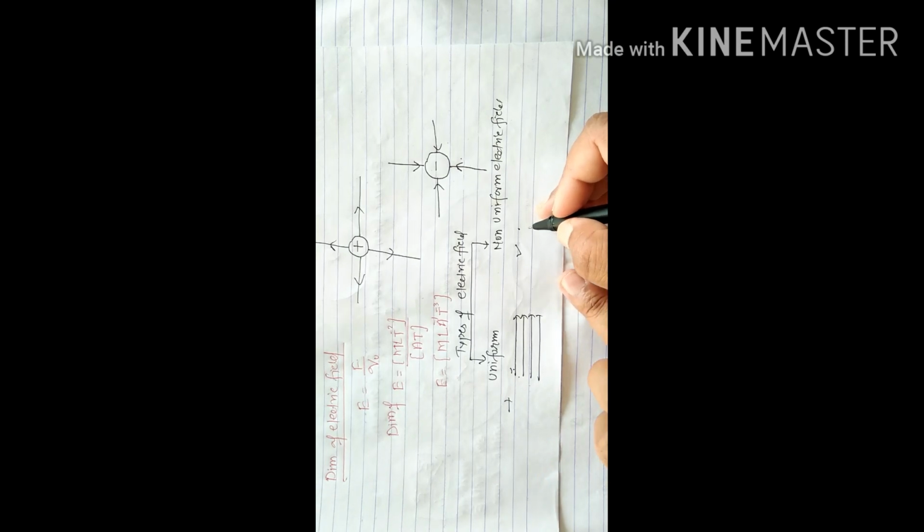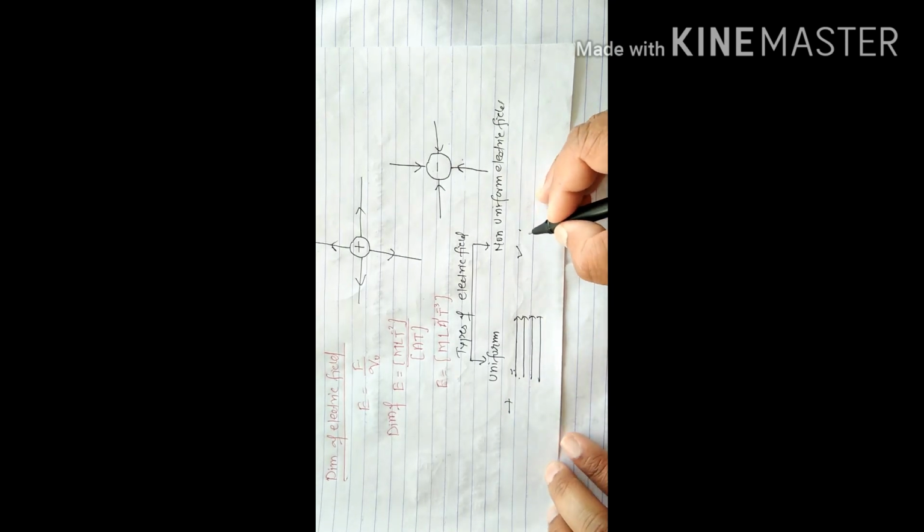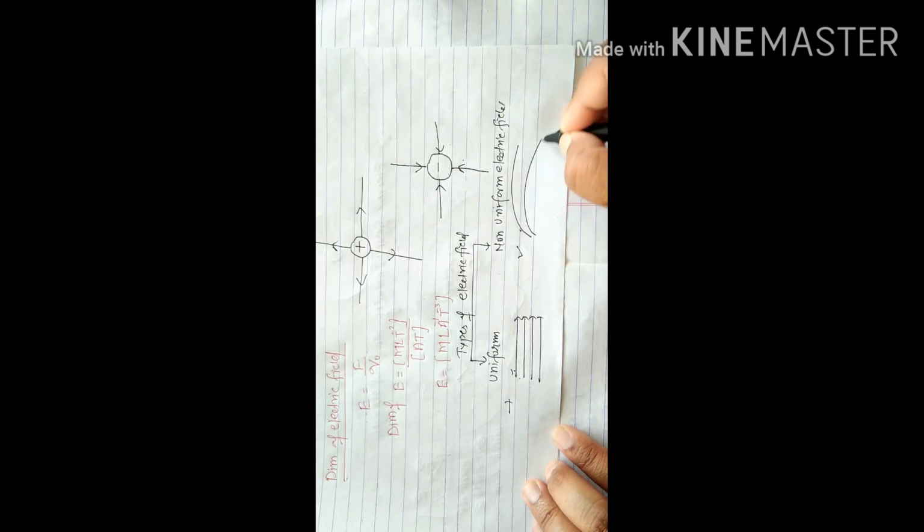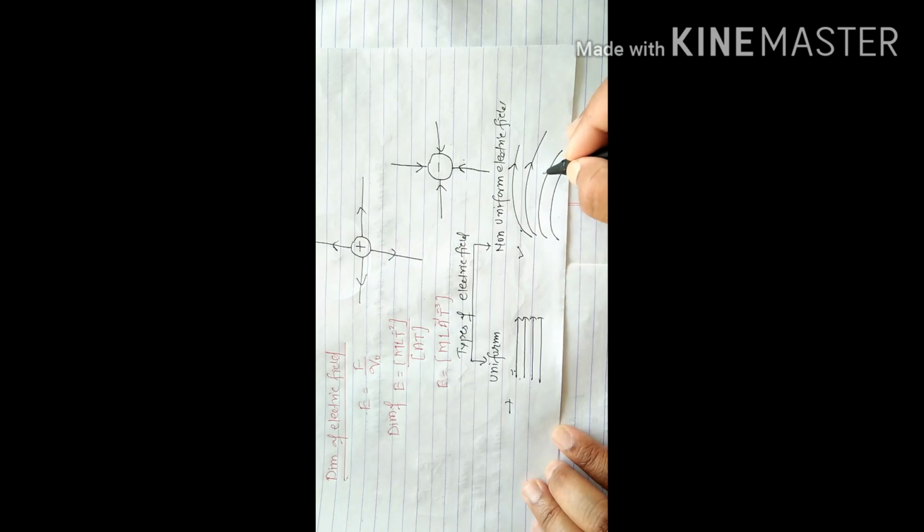Means a uniform electric field can be represented by parallel lines, and a non-uniform electric field can be represented by variable lines, like this one. So these lines represent a non-uniform electric field, and these parallel lines represent a uniform electric field.